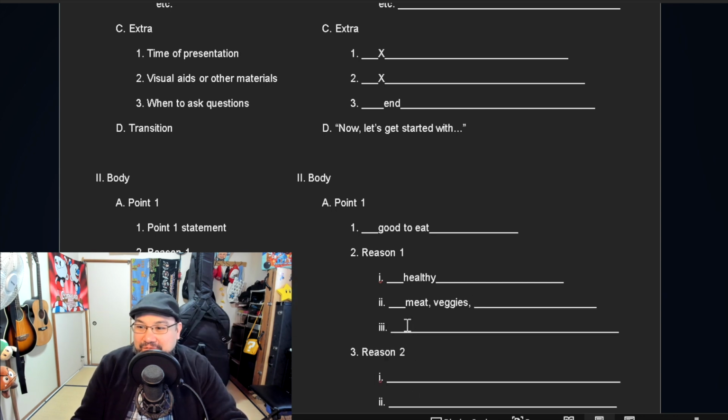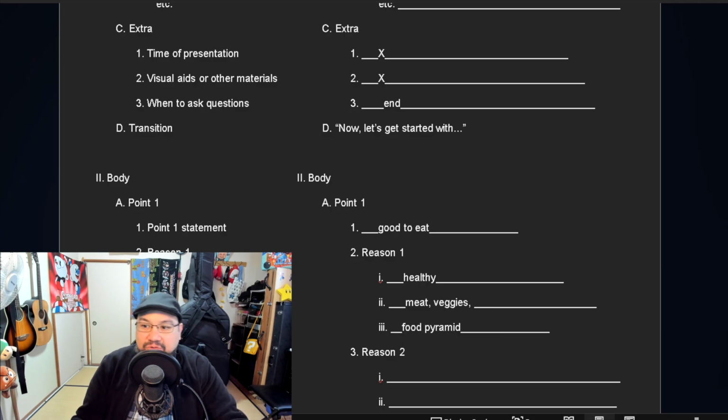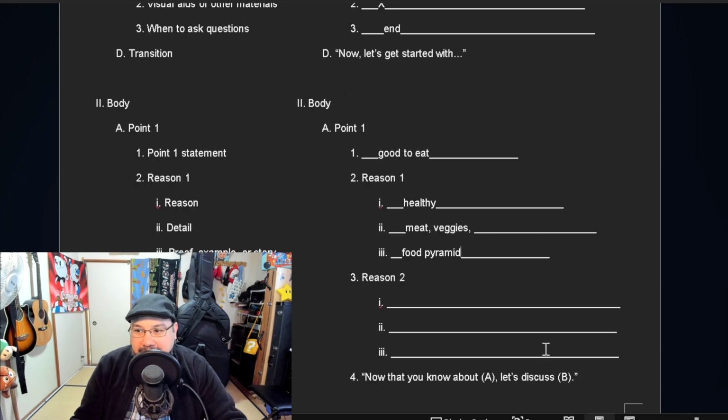Now for my proof, I'm going to use the food pyramid. Maybe you don't know what the food pyramid is, and maybe I can't show you, so you can look it up on Google. Okay, but I'll explain in my presentation.